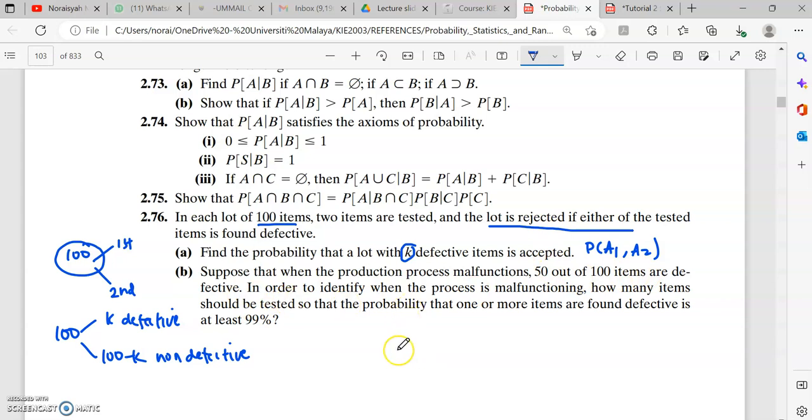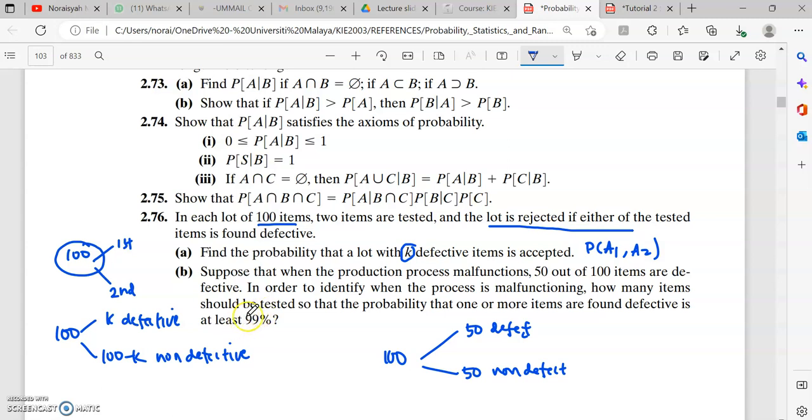So now, from 100, you have 50 defective as well as another 50 non-defective, good items. In order to identify when the process is malfunctioning, how many items should be tested so that the probability that one or more items are found defective is at least 99%?